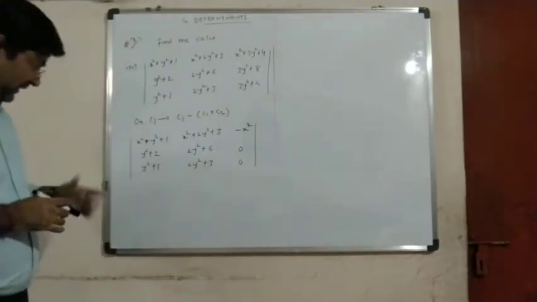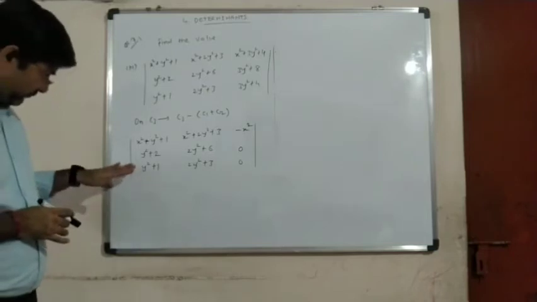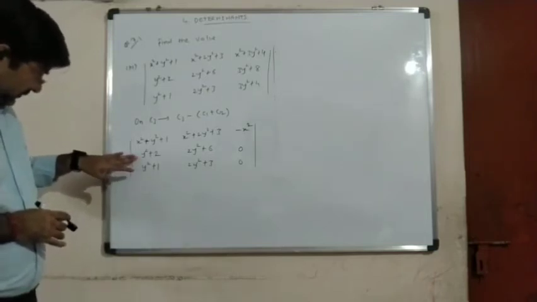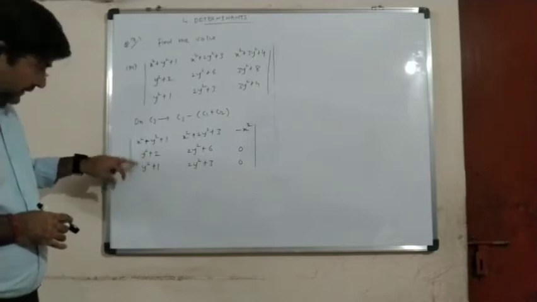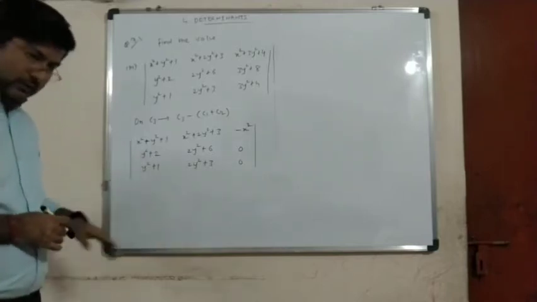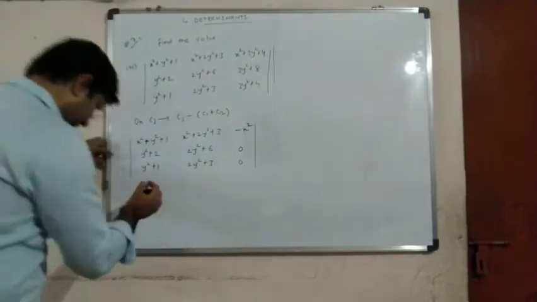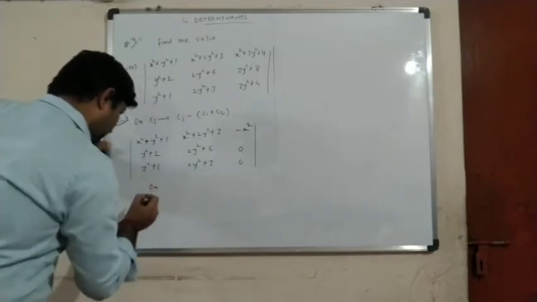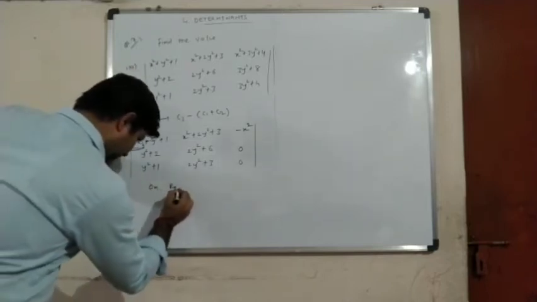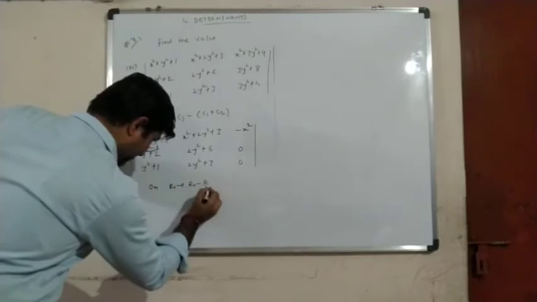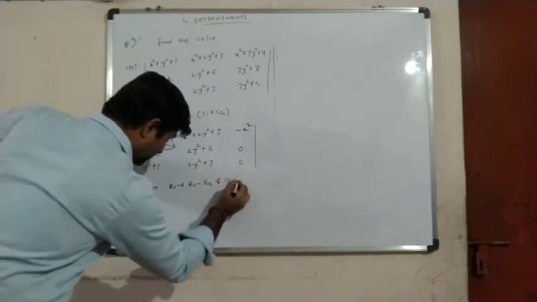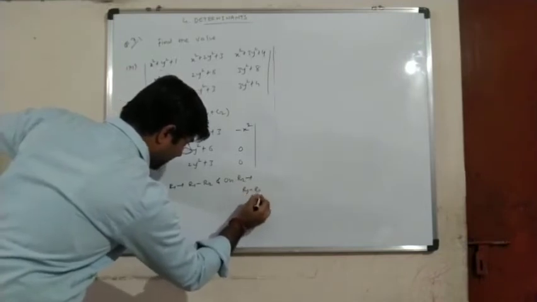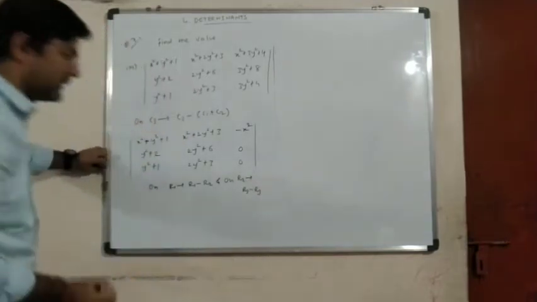So now we got the two zeros. Even if you want to further simplify, you can simplify how? We can subtract R2 minus R3. Let us do one more step to further simplify, R1 minus R2 and R2 minus R3. These two more operations I will carry out.